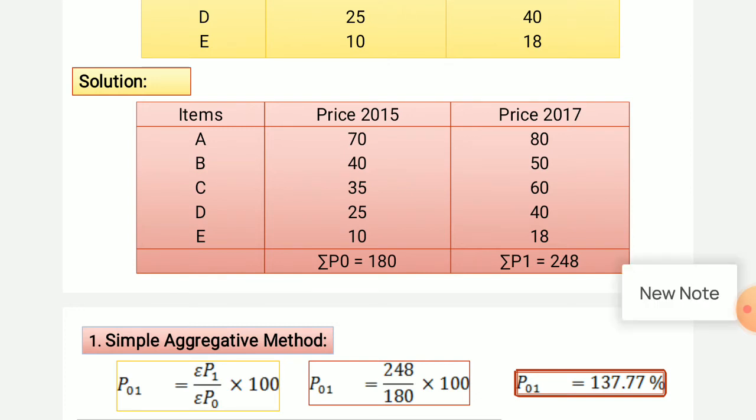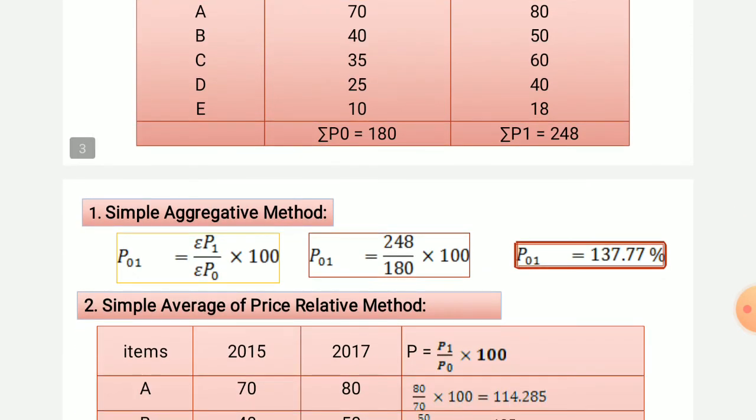Now simple aggregative method, the formula to construct index numbers according to this method is P01 equals sigma P1 by sigma P0 into 100. Sigma P1, total of current year price, divided by total of base year price and multiplied by 100.